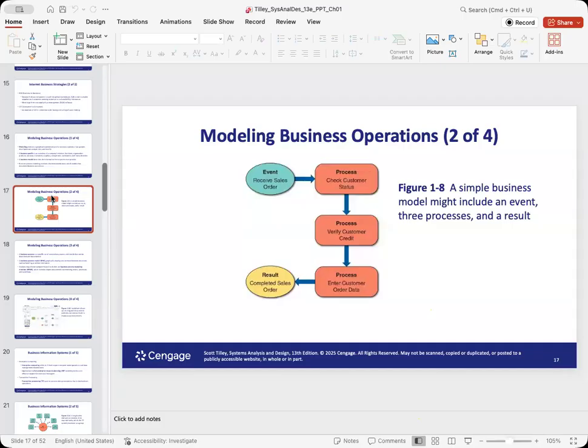You check the customer status and verify if the customer is creditworthy, because you will not want to give the person whatever product he or she is requesting for. Then after you check that the customer is creditworthy, you enter the customer's data into your system, and then you complete the order. So that is the business process operations that go on under your business modeling.